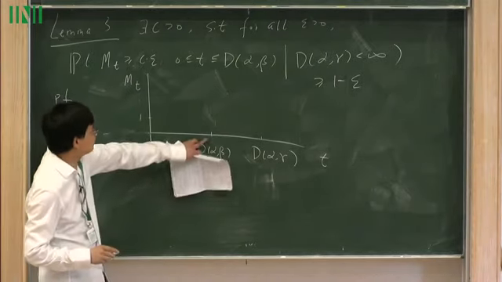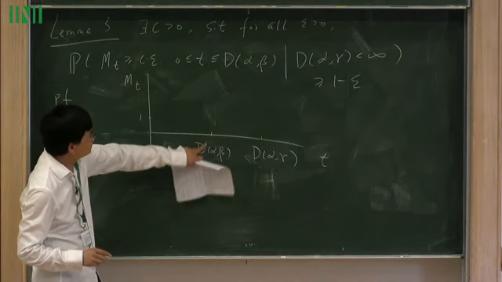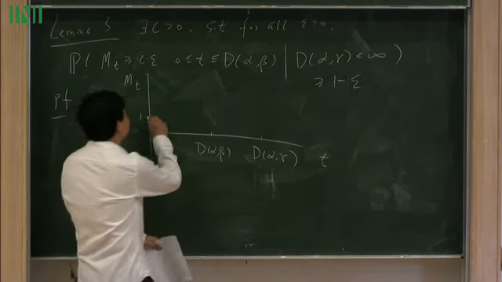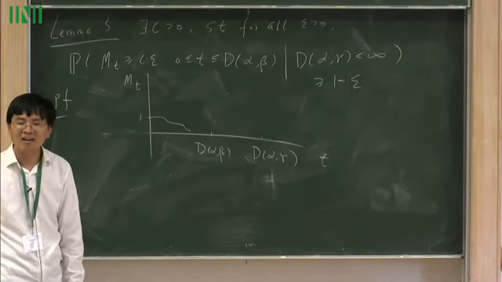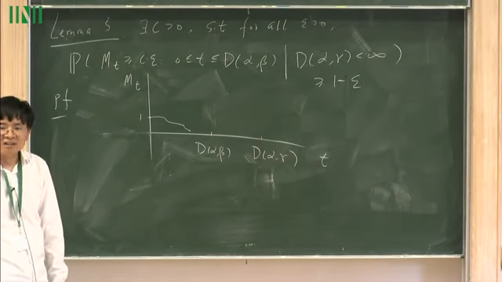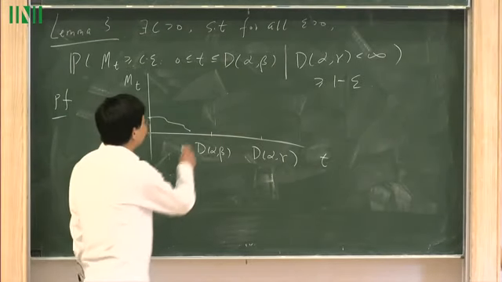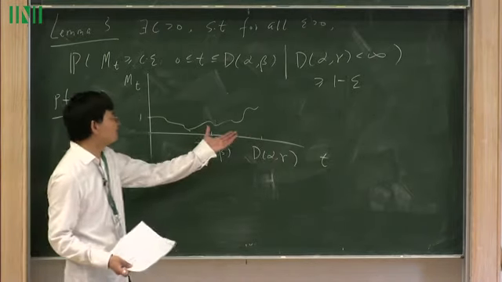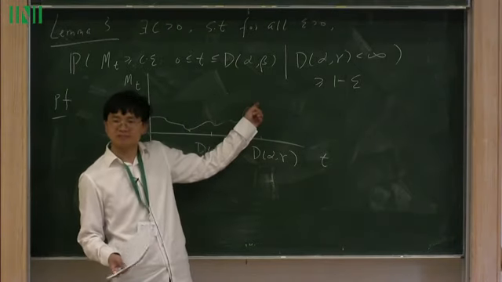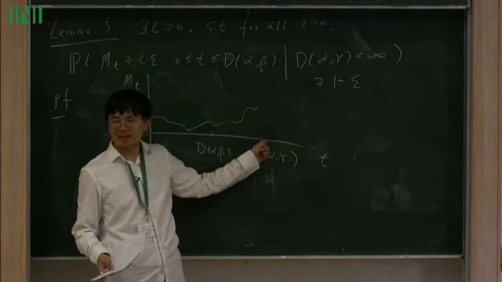Suppose at some point before the distance between alpha and beta, my martingale drops to some value that is very small, c times epsilon. At this point on, how likely is it for the event to occur? The event is that the martingale will stay positive until this time, right?